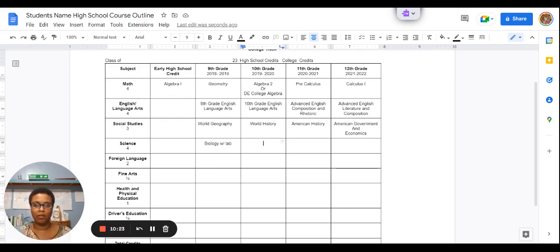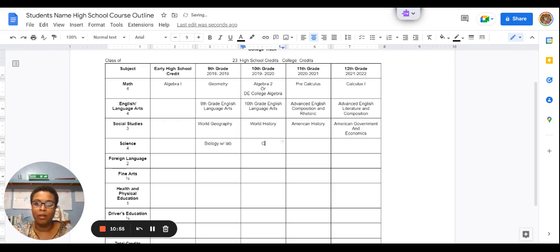Math and science go hand in hand once you go beyond biology. Biology really doesn't matter, but for chemistry and physics, you want to make sure that you're beyond algebra 2. And if you haven't gotten to at least pre-calc, you probably don't want to take physics at all. You probably want to take more like a physical science or an environmental science or some other science that's not physics.